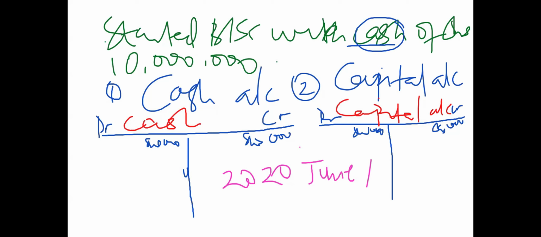But if the next transaction came on the 2nd, you are not supposed to write all of this again. You just put 2nd. If the month changes, you just add the month, June, but you don't write the year again because the year has already been written.